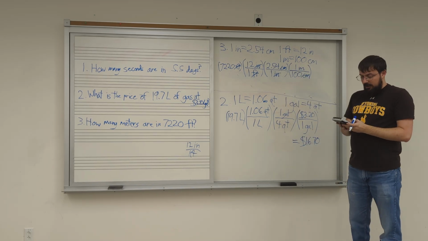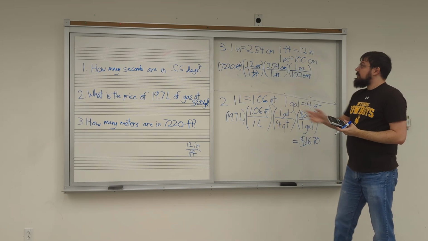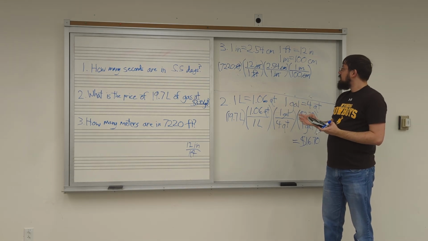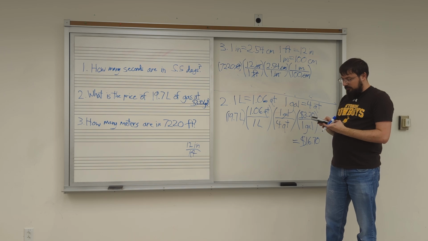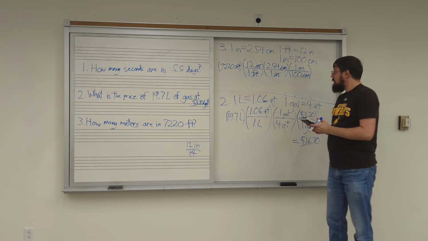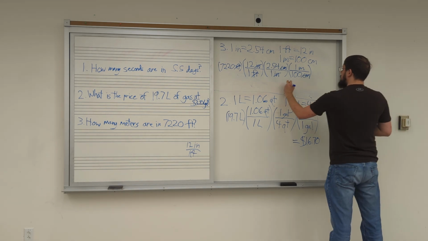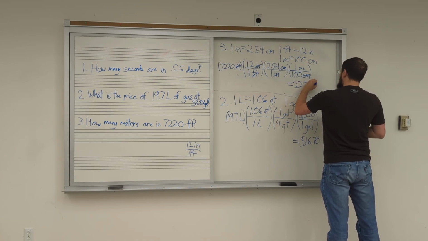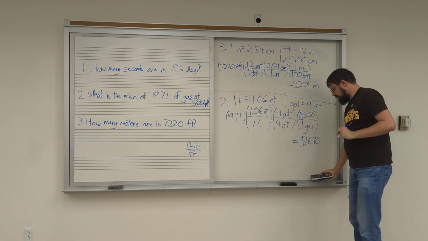So if we put this all into our calculator, we have 7220 times 12 times 2.54 divided by 100. And what this ultimately gives us is 2201 meters.